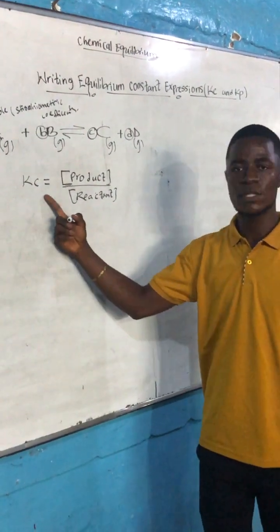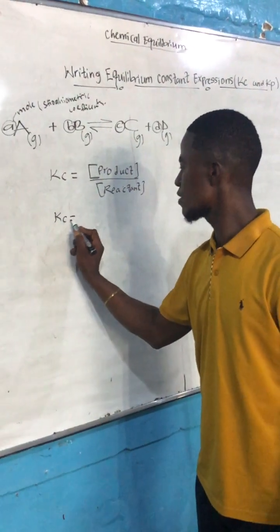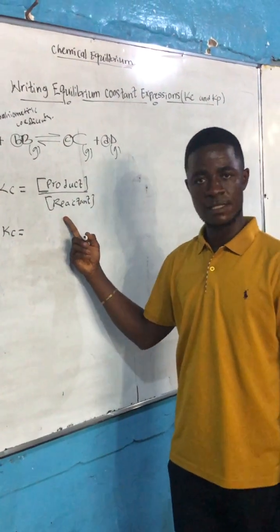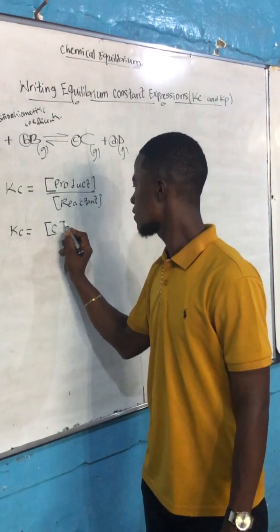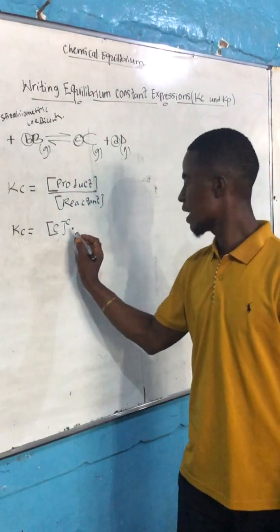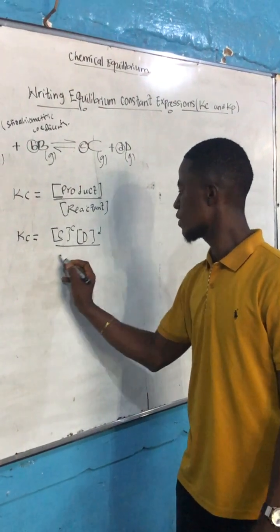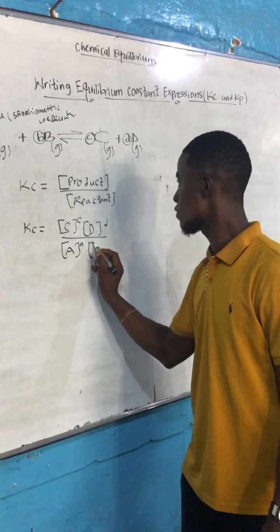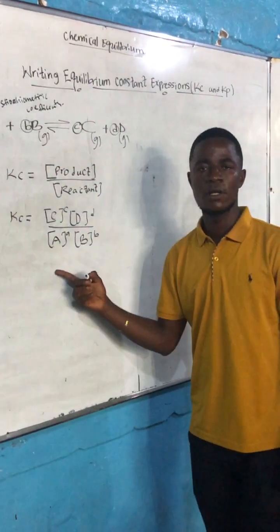Kc is in terms of molar concentration. So if I write a Kc expression for this reaction, we take the products and divide by the reactants. Here we have the concentration of C raised to the power small c, and the concentration of D raised to the power small d, all over the concentration of A raised to the power small a, and the concentration of B raised to the power small b. So this is in terms of Kc.